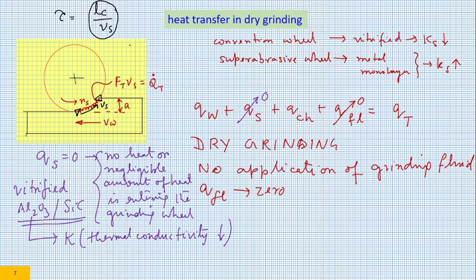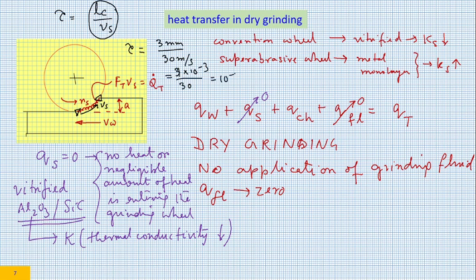Once again we will estimate today. Let us say LC is 3 millimeter and Vs is 30 meter per second. So it is 3 into 10 to the power minus 3 divided by 30.